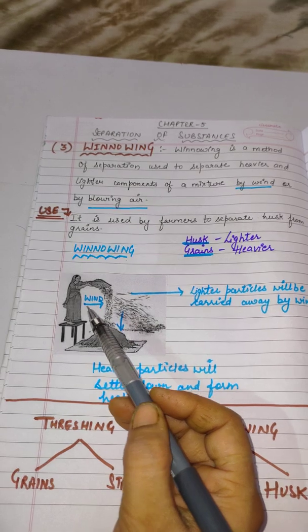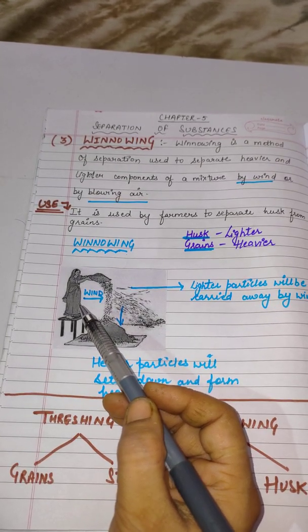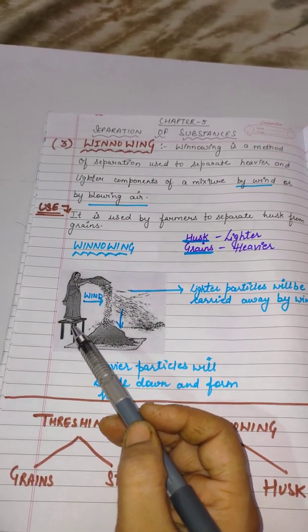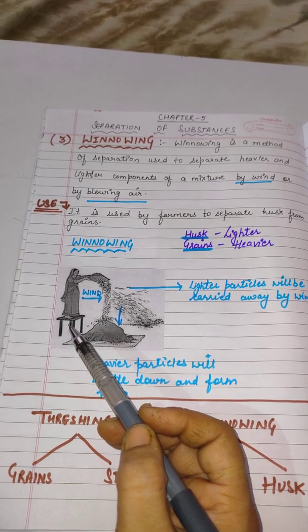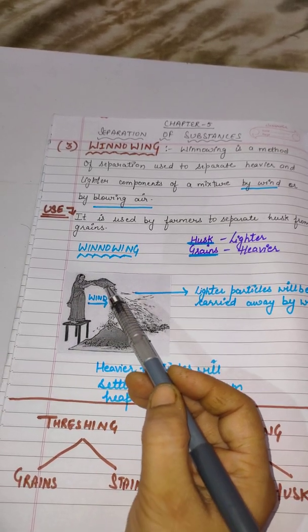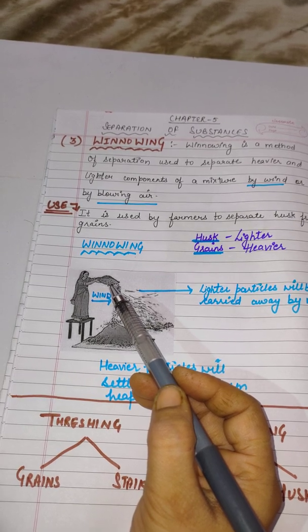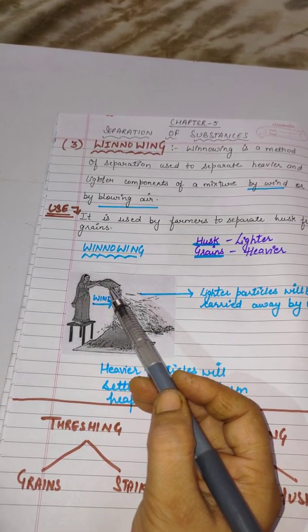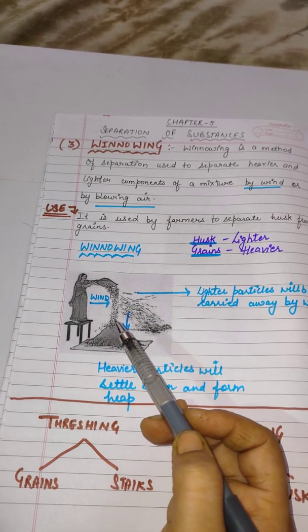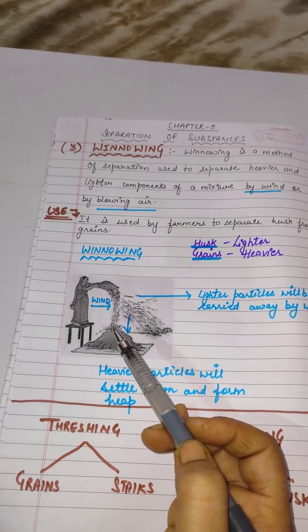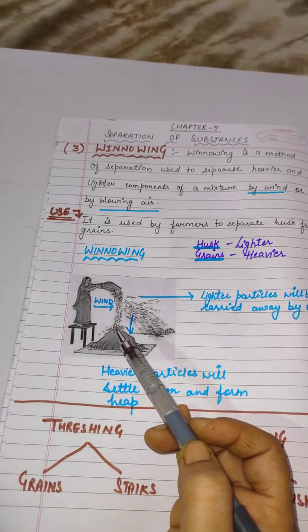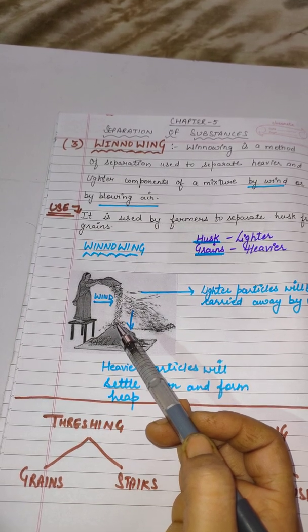So what is this woman doing? She is standing on a raised platform and she is holding this container in a tilted position, right? And she is allowing these grains to fall down. Now, what will happen?